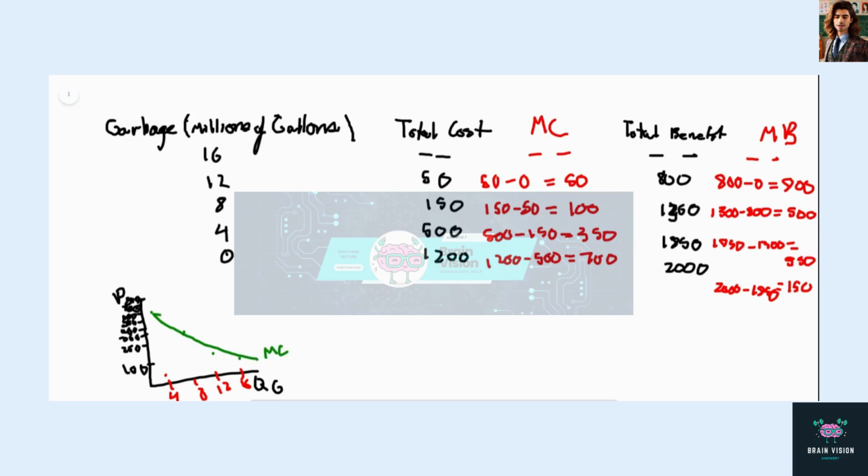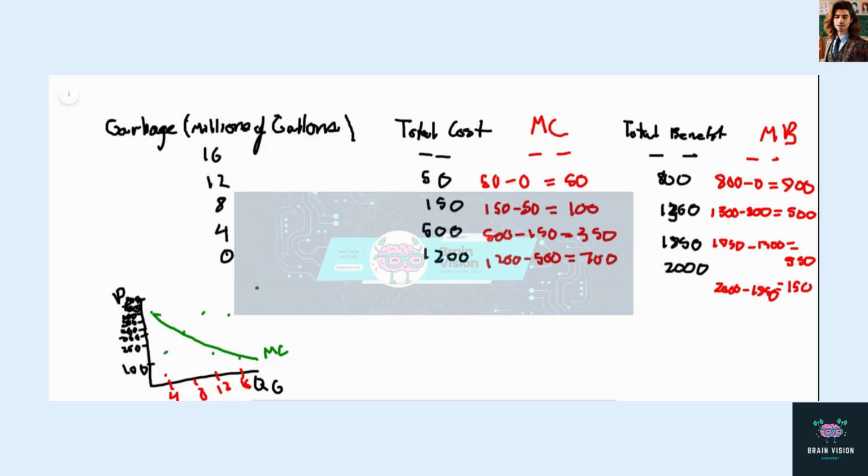And we take a look at our marginal benefit curve. We'll see that at 16 it's 800. Then we have 500. And after 500 we go up to 550. And then we go all the way back down to 150.